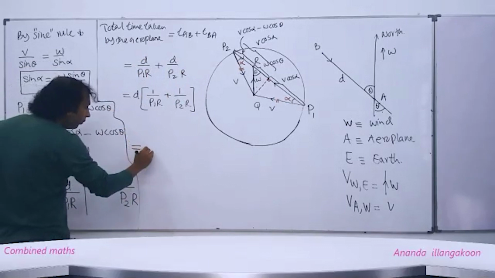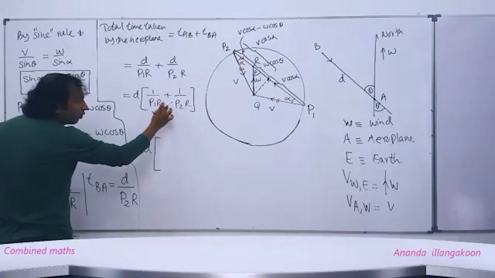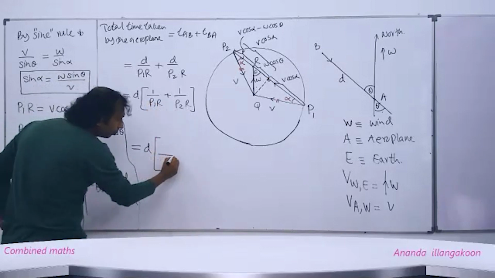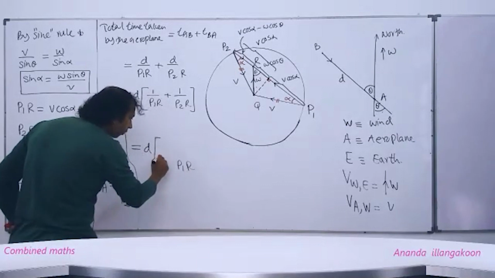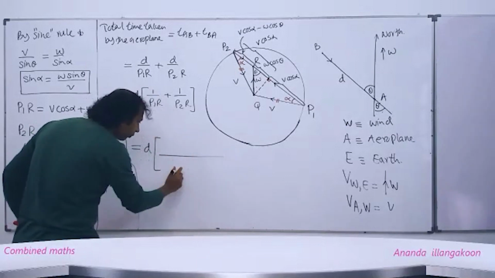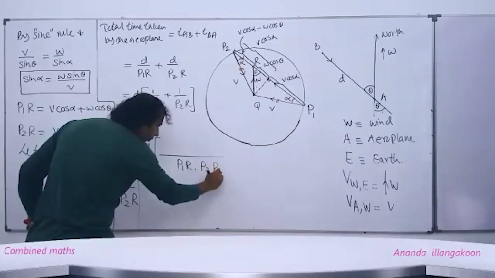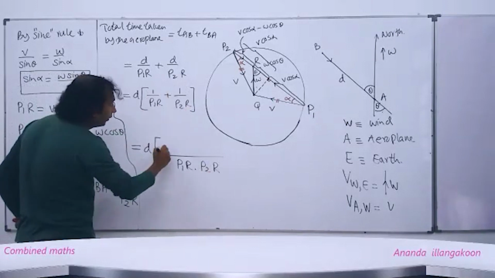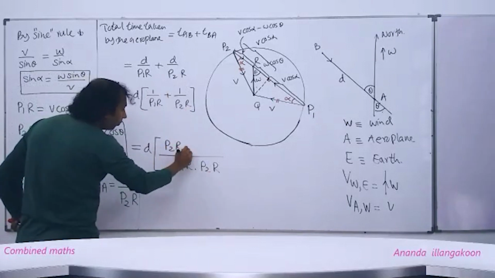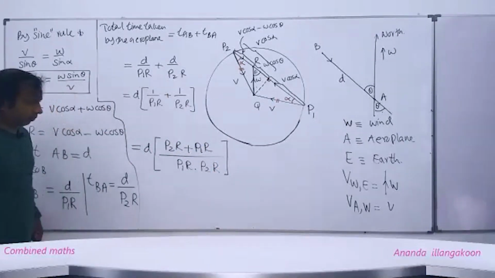So this is equal to D times, taking the common denominator as the product P1R into P2R. Then this P2R comes here, P1R comes here, right? This now P2R plus P1R.